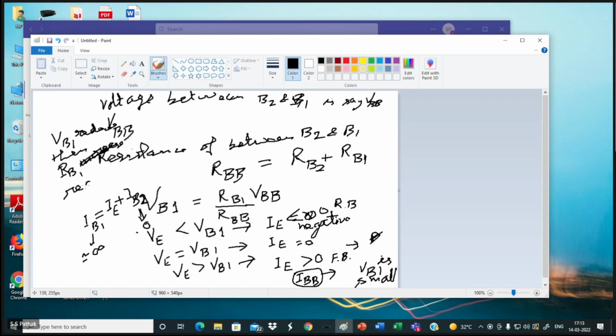I have to take a fresh page. VB1 reducing, RB1 is reducing. When RB1 is reducing, here, this one.